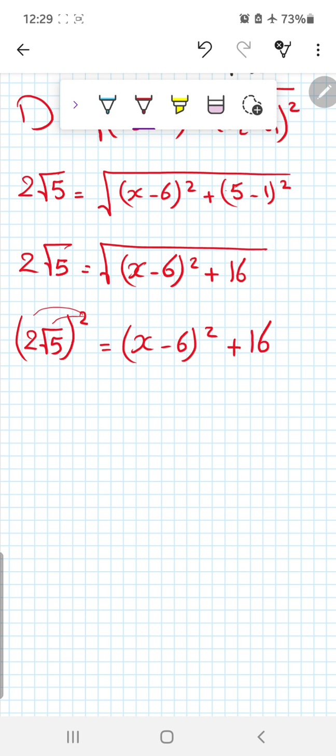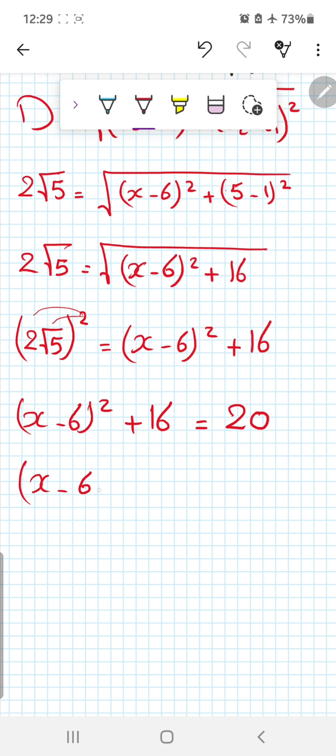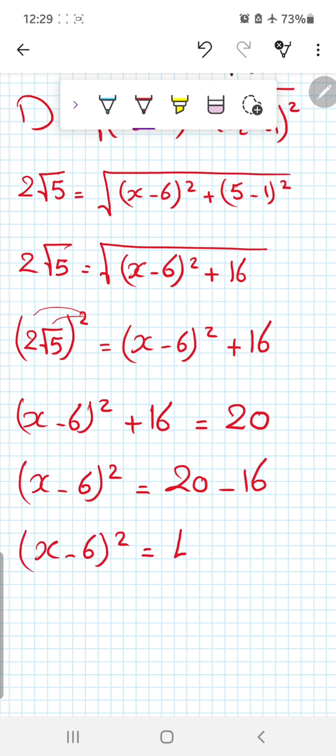As we said, 2 squared is 4, times root 5 squared which is 5, so 4 times 5 is 20. So (x minus 6) squared plus 16 equals 20. Move 16 to the other side as negative, so (x minus 6) squared equals 20 minus 16. So (x minus 6) squared equals 4.